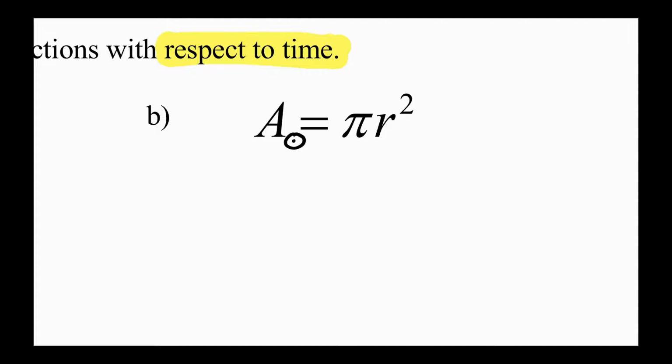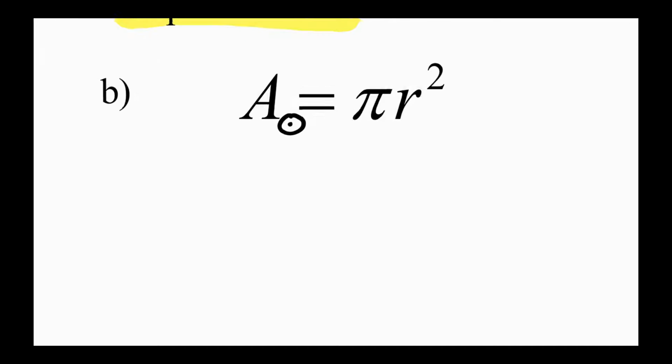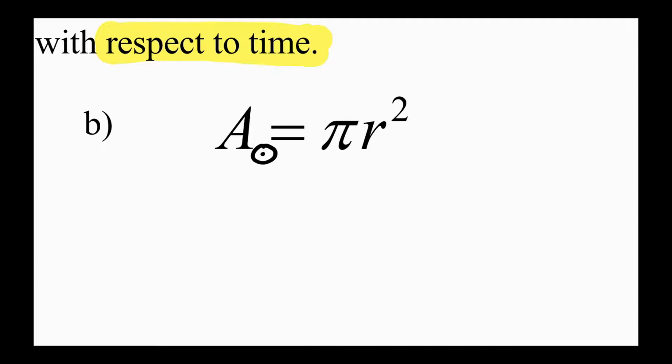So I got to find the derivative of this guy here with respect to time. So what's the derivative of A? Capital A. What's the derivative of A? Not 0.